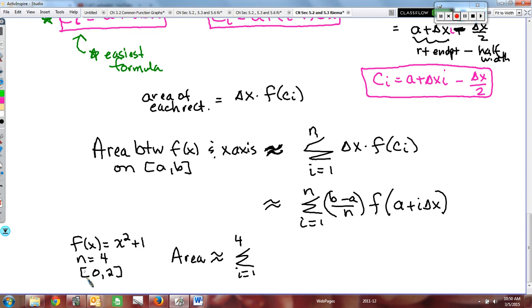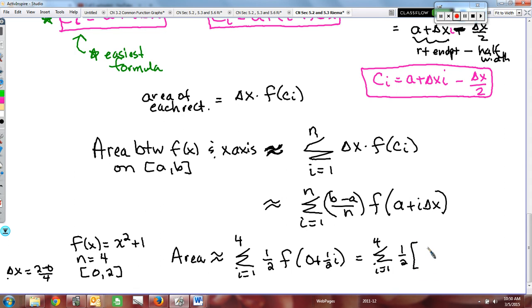My delta x, calculate it, delta x is going to be 2 minus 0 over 4, which is going to be 1/2. So my width is 1/2. And then I'm going to calculate f of 0 plus 1/2 i. And if I use the formula rule, I would have 1/2 times my 1/2 i squared plus 1.